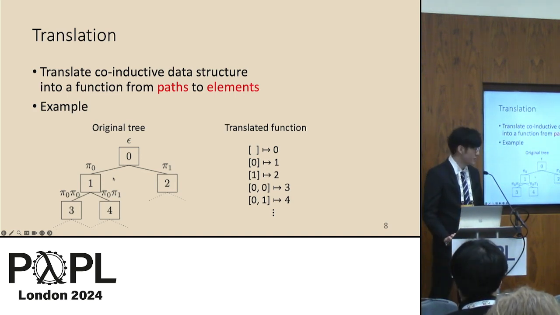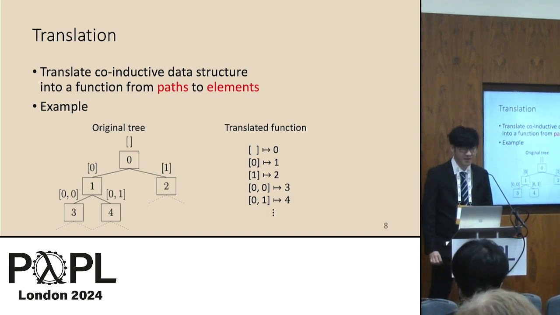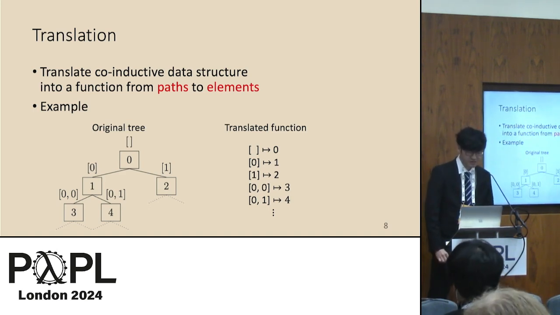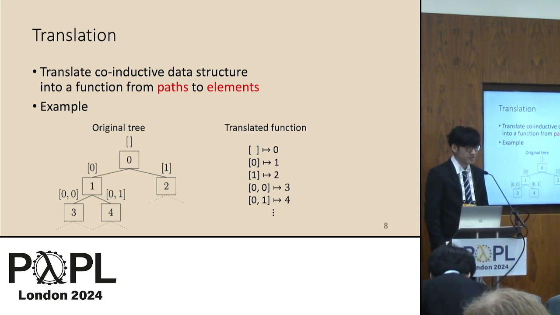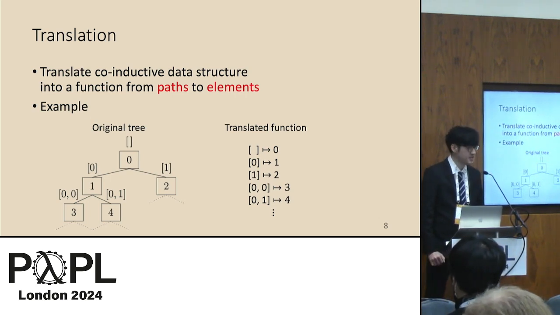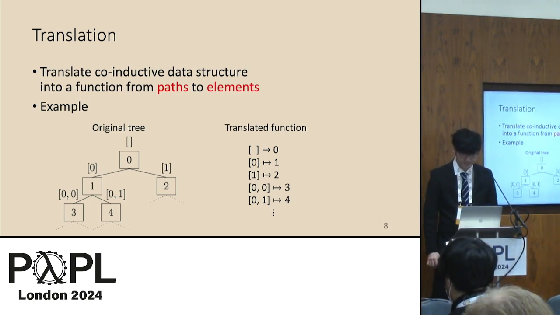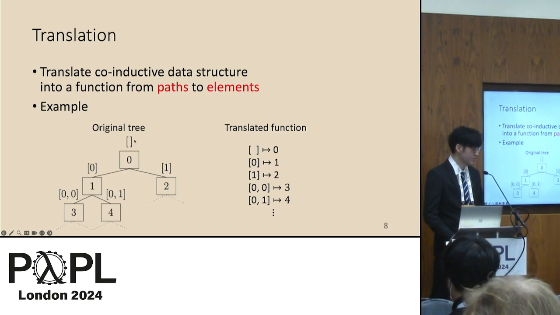We can also regard a path as an integer list by converting each destructor into an integer. In this case, projection 0 is converted into the integer 0, and projection 1 is converted into 1. Then we can consider a co-inductive data structure as a function like this.